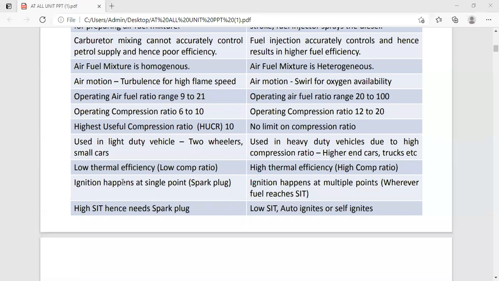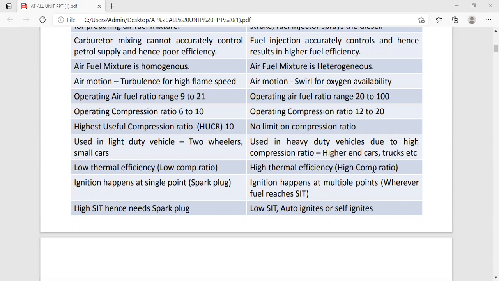Next point, in case of the SI engine there is a low thermal efficiency, and in case of the CI engine it has the higher thermal efficiency. Because why? Because the comparing point is the compression ratio.